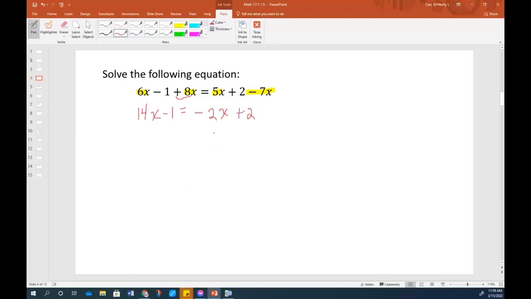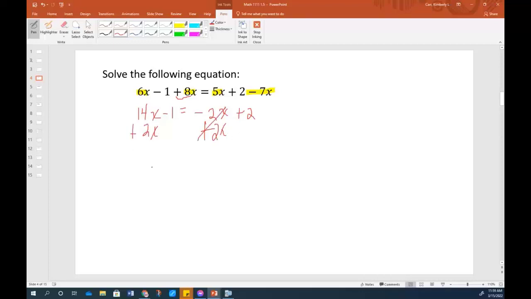Now we want to get our variables on the same side of the equation, and it doesn't matter if you want to move this 14x over to the right or move this negative 2x to the left. Most people like to move things to the left. I often do that, but my preference is just keep things positive if we can. So I'm going to add 2x to both sides of the equation.